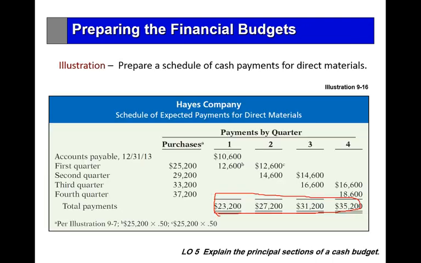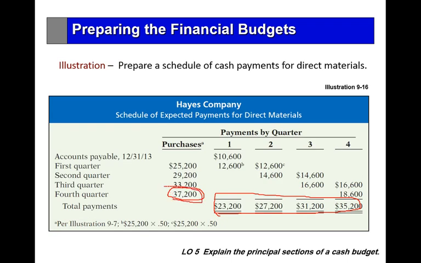18,600 comes from here, accounts payable expected to be paid. Here, in the fourth quarter, we have accounts payable 37,200 for the purchases of the direct materials, not the accounts payable.